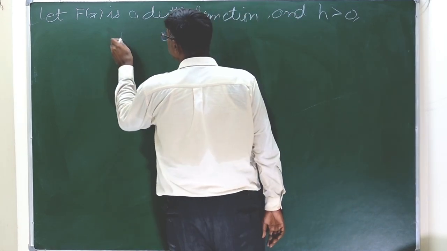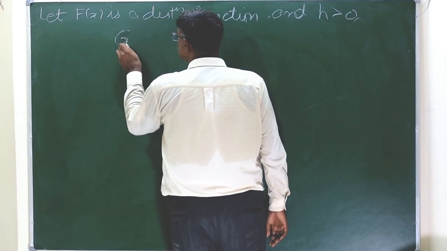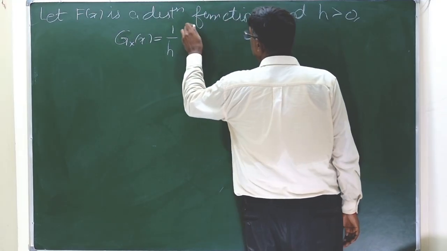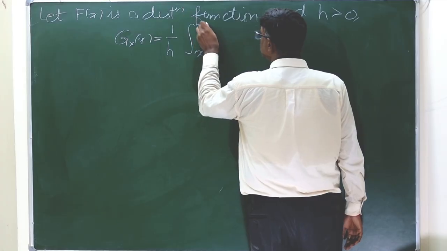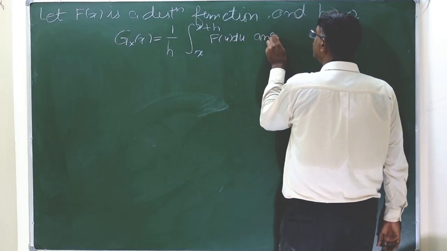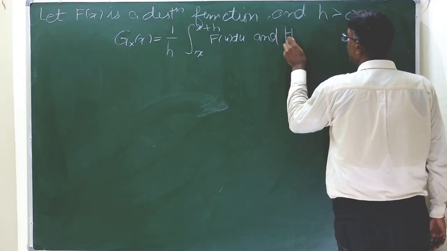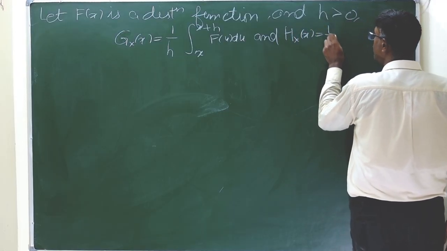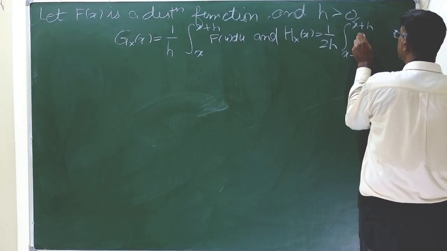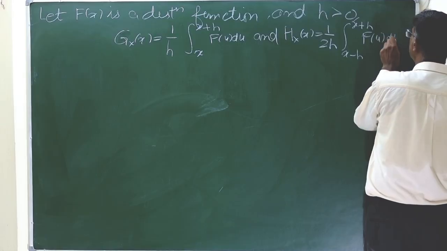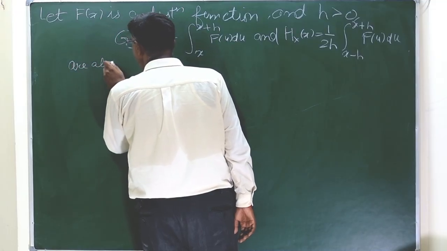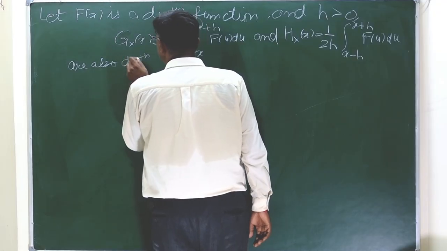Then the function, say g of x, which is 1 over h times the integral from x to x plus h of f of u du, and h of x, which is 1 upon 2h times the integral from x minus h to x plus h of f of u du, are also distribution functions.